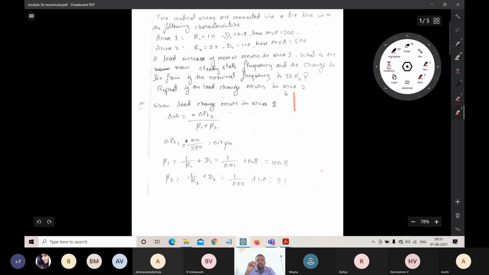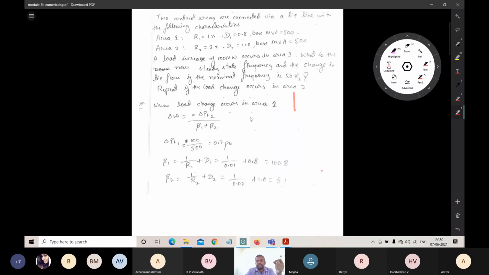Okay, the first case is the change in load taking place at area 1. So this is the equation. I hope you remember the equations. When the load changes in area 1 or area 2, we have to calculate delta omega as well as delta PL: the change in the frequency as well as the change in the power.